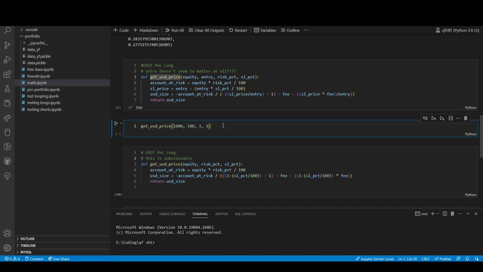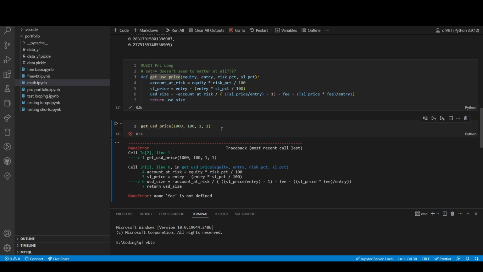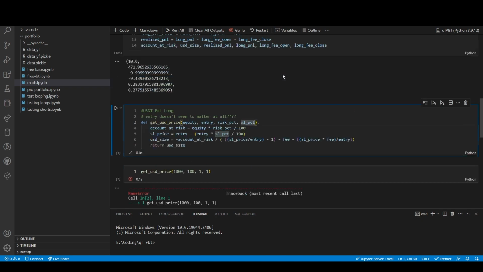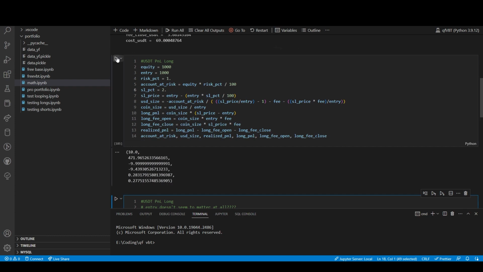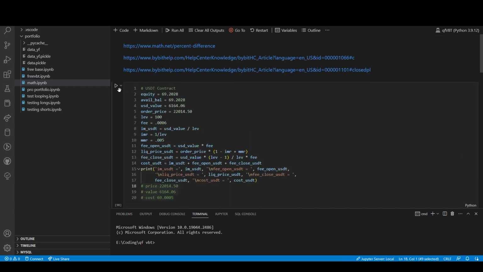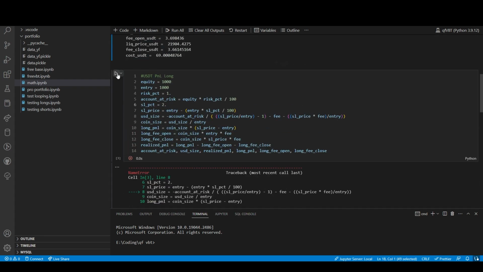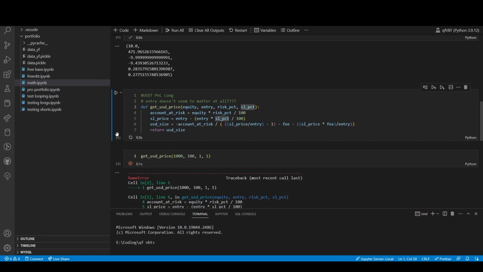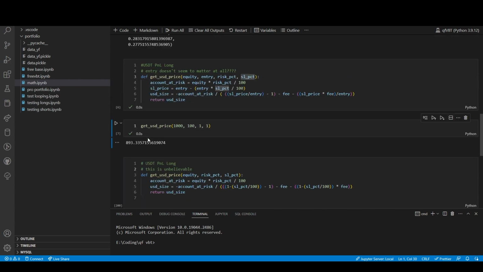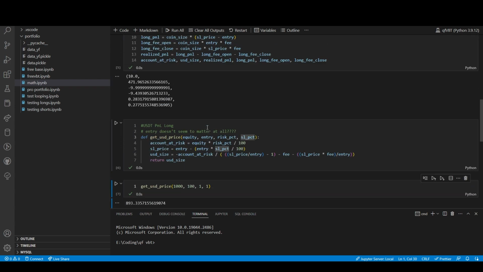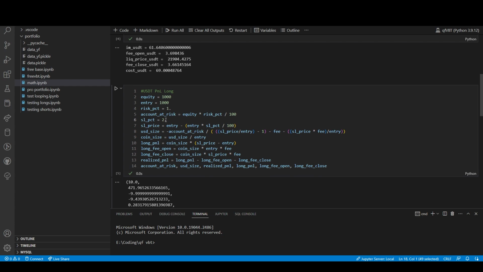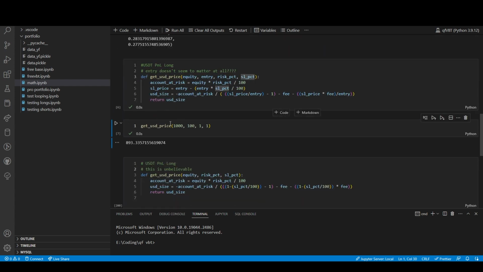risk 1. Let's just define fee. So let's get the same answer up here, which is 2% stop loss.